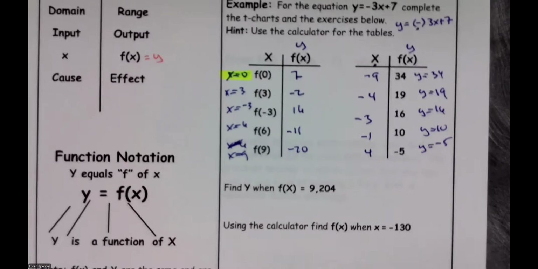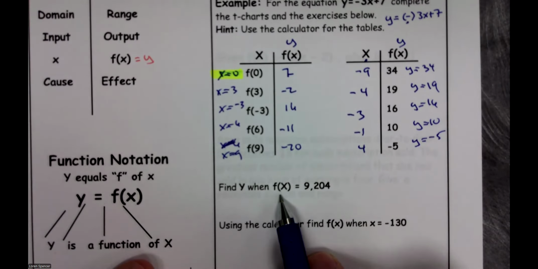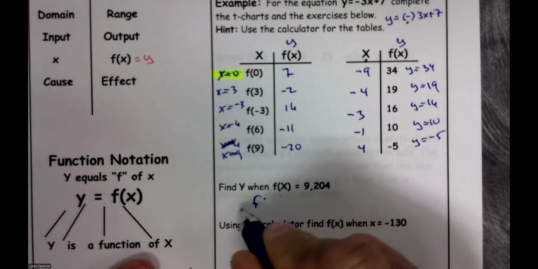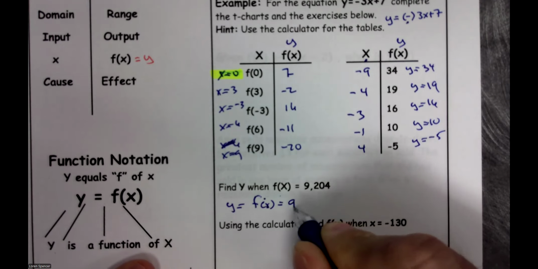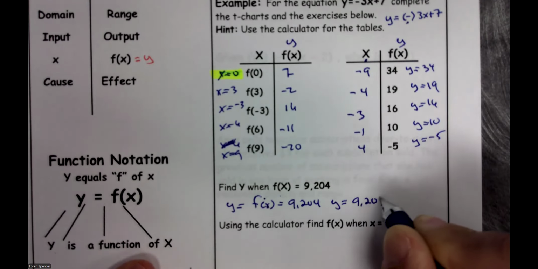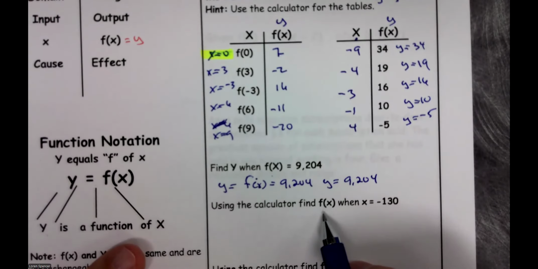The next thing, it asks for find Y when f of X equals 9,204. But f of X, so Y equals f of X, which equals 9,204. So Y equals 9,204. It says find f of X when X equals -130.